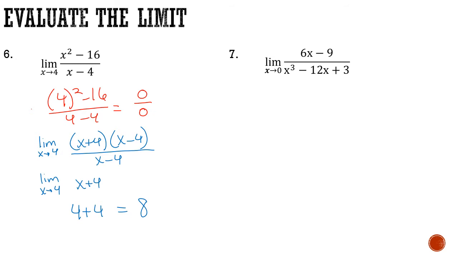But for this one, I can use direct substitution again. When you are substituting in the number for x, do not write limit x approaching 0 anymore because you are substituting into the problem. If you are simplifying the problem, you still write the limit as x approaches 0.